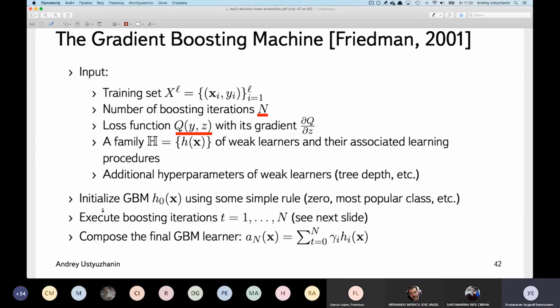We initialize this boosting machine with some zero hypothesis using a very simple rule, for example, just taking the most popular class as a default rule. Then we execute boosting iterations as many times as we specify, and then we compose the final learner through the combination of those individual ones.